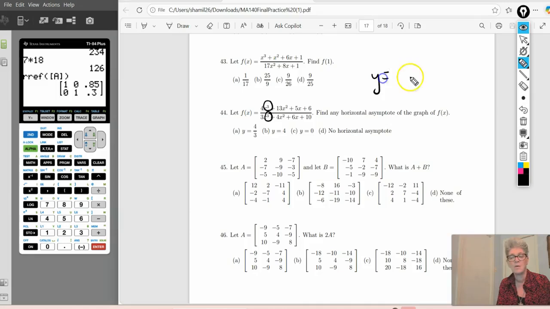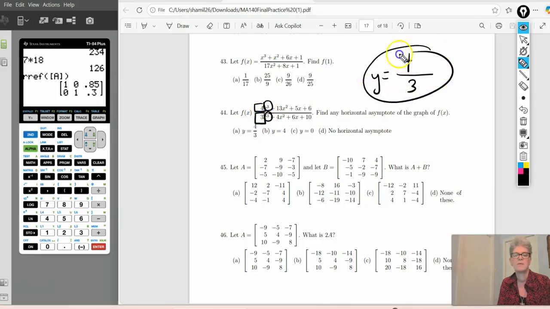It is the horizontal line with the equation y equals the leading coefficient of the numerator, which is 4, divided by the leading coefficient of the denominator, which is 3. So I do have a horizontal asymptote, and its equation is y equals 4/3.